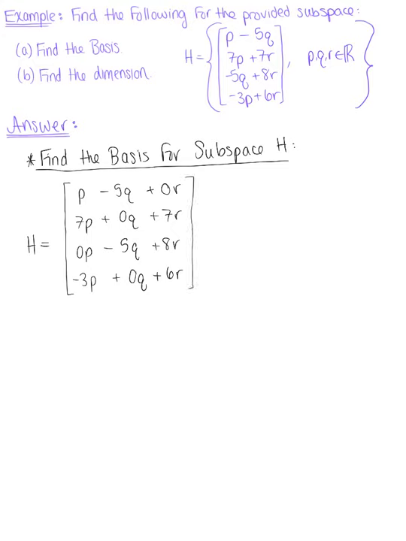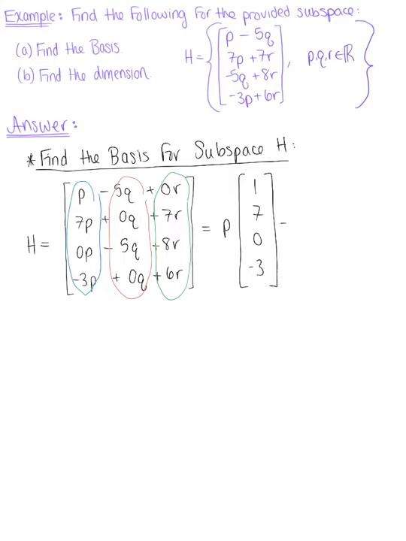So now that that's lined up so pretty, we can separate this out by the scalars, right? We have the scalar P, we've got a scalar Q, and we've got this scalar R. So we can separate this out. This becomes the linear combination P multiplied by the column vector 1, 7, 0, negative 3, plus the scalar Q multiplied by the column vector negative 5, 0, negative 5, 0.